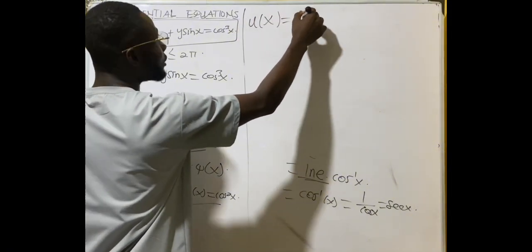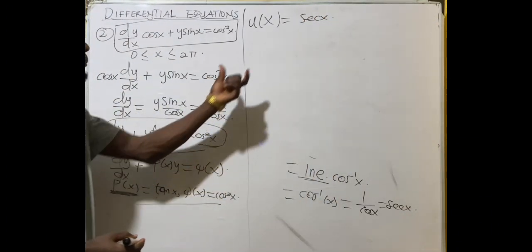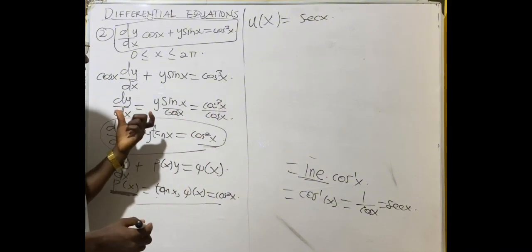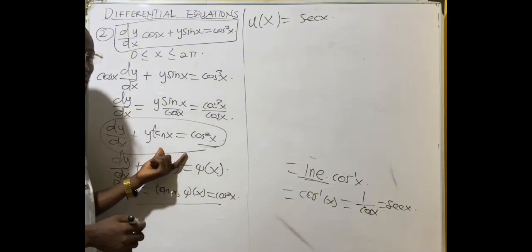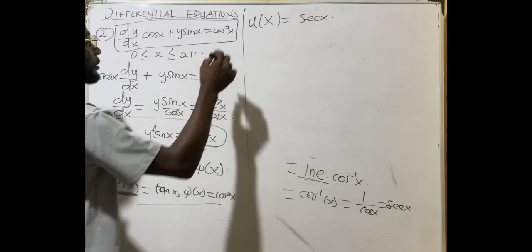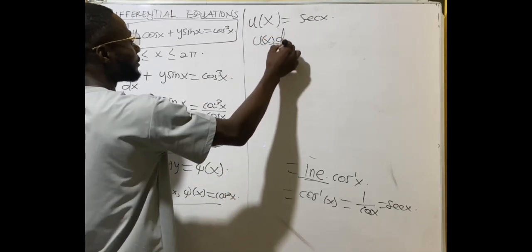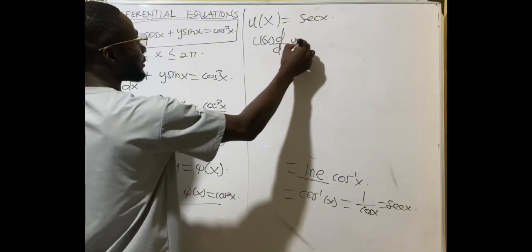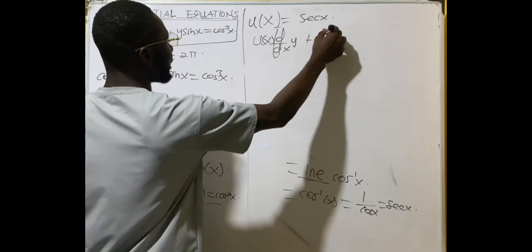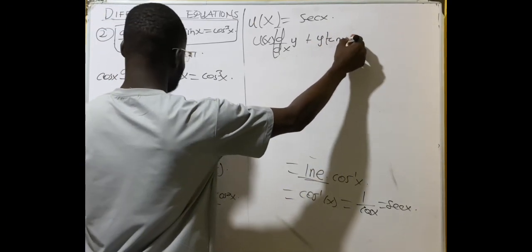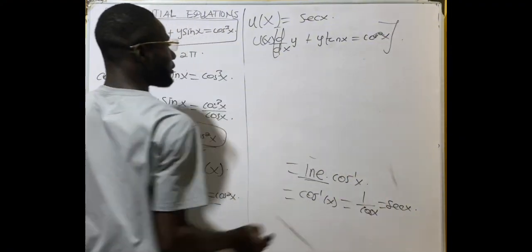Okay, so now that we have our mu of x to be sec x, then we come back and multiply it by the standard form of the differential equation that we have, right? So we're going to say that mu of x times dy/dx plus y tan x equals cos squared x, right?